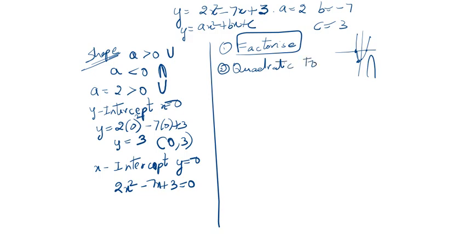The quadratic formula directly gives you the value of x: x is equal to minus b plus or minus the root of b squared minus 4ac, divided by 2a. The third method is to complete the square.